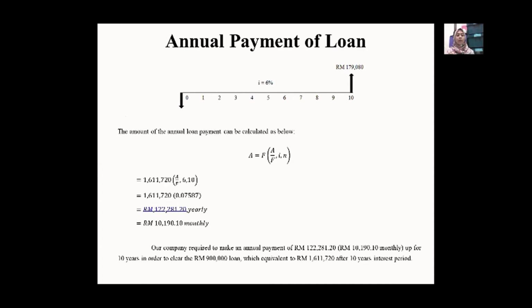The amount of the annual loan payment can be concluded as below. As you can see, there are RM10,190 ringgit monthly. Our company requires an annual payment of 122,000 for up to 10 years in order to clear the 900,000 loan, which is equivalent to 1,611,000 after the 10 years interest period.